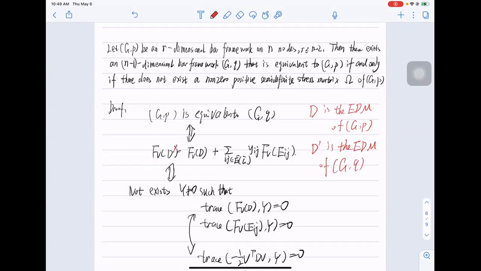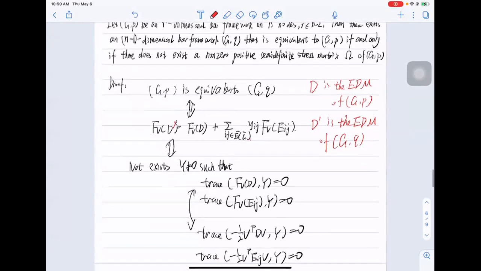Then GP is equivalent to GQ if and only if FV of D bar is equal to FV of D plus the summation of y_ij FV of E_ij.